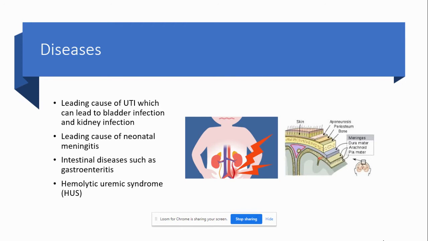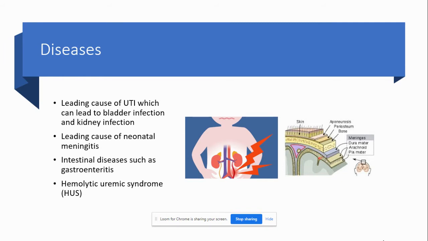So some of the main diseases that are caused by E. coli: E. coli is the leading cause of UTI, which is urinary tract infection, which can lead to bladder infection and kidney infection. E. coli is also the leading cause of neonatal meningitis, which is an infection of the meninges of the brain.